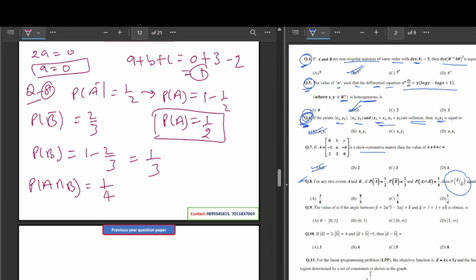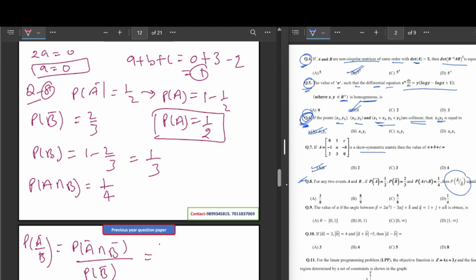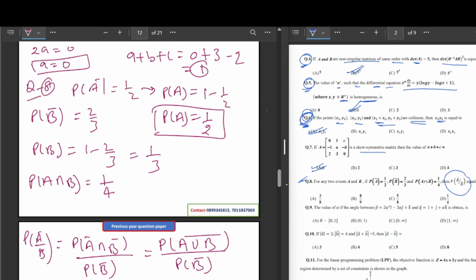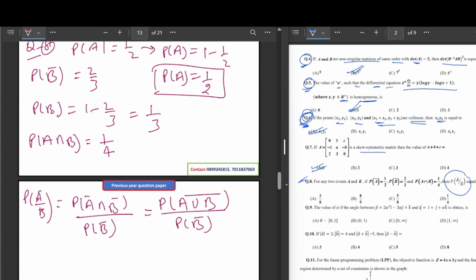For P of A given B bar, this formula basically becomes P of (A union B) whole bar over P of B bar, and after that this will become 1 minus P of A union B over P of B bar. So basically we have to find this one.